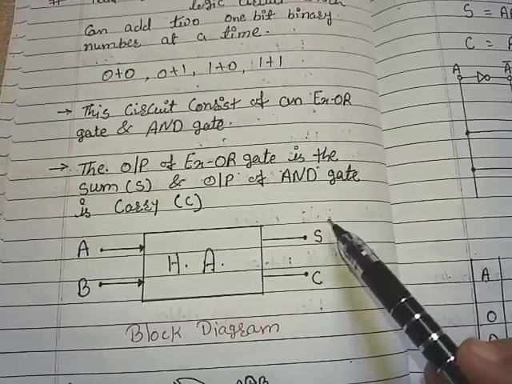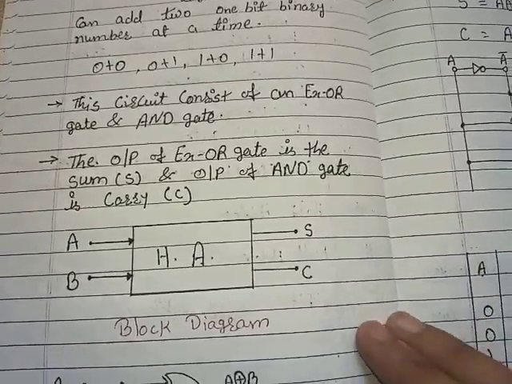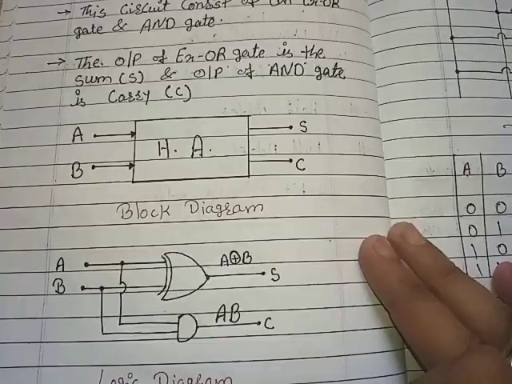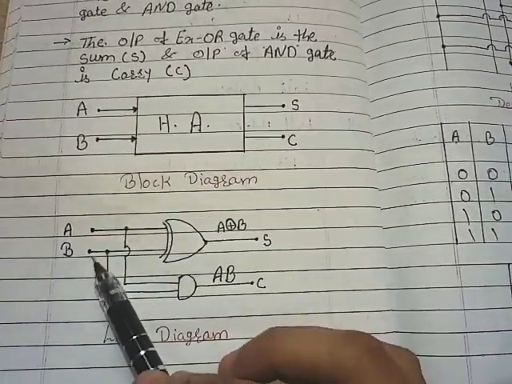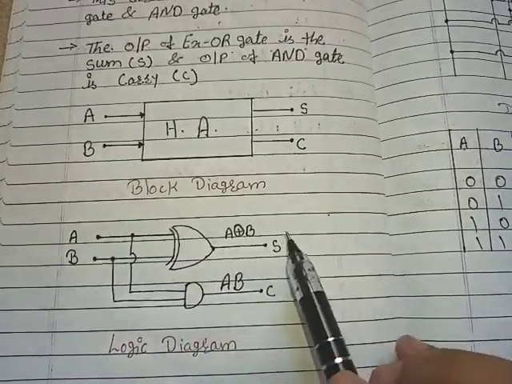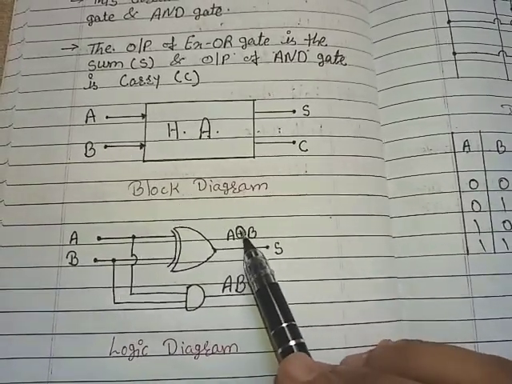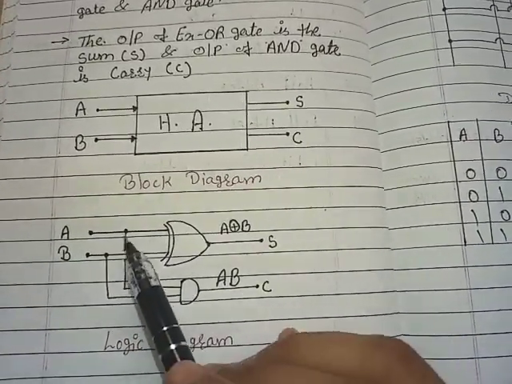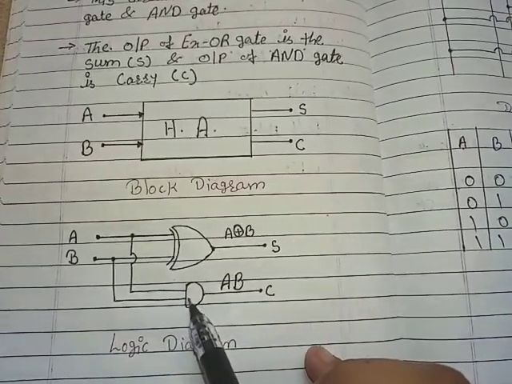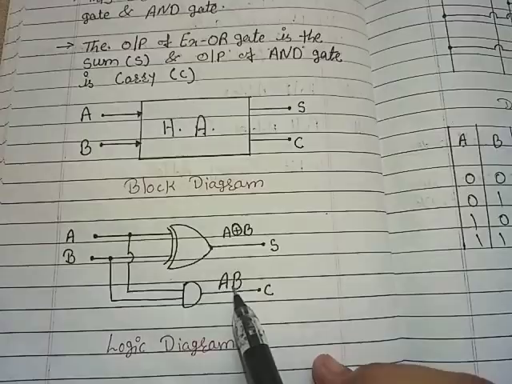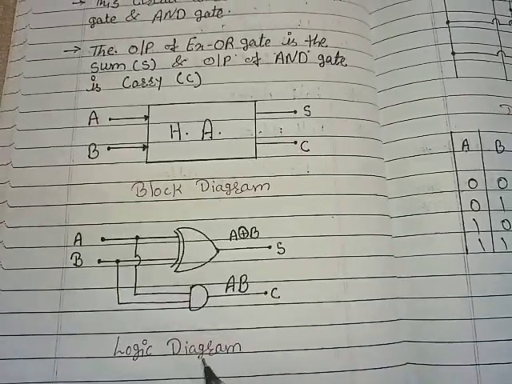S is sum and C is carry. Here is the logic diagram where A and B pass through XOR gate to give sum, that is A XOR B, and the same inputs pass through AND gate to give carry, A dot B.